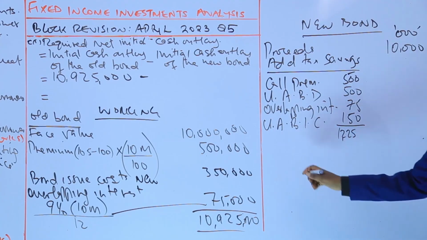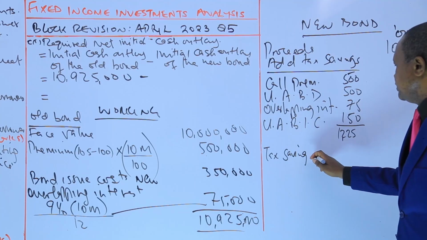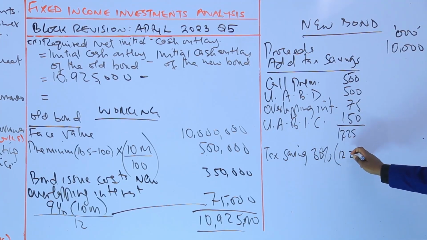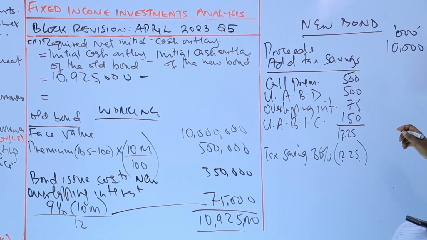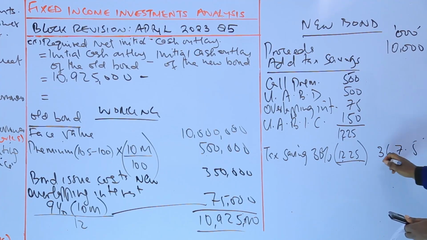So the tax benefit or tax saving will be 30% times 1,225,000. That is equal to 367,500.